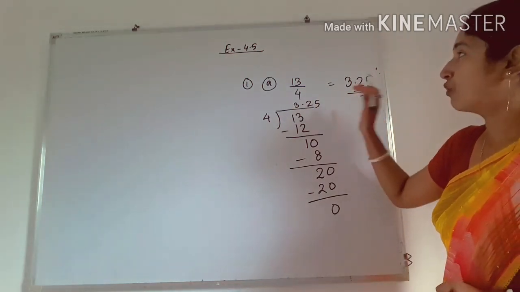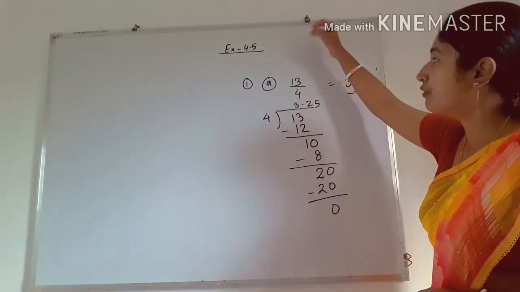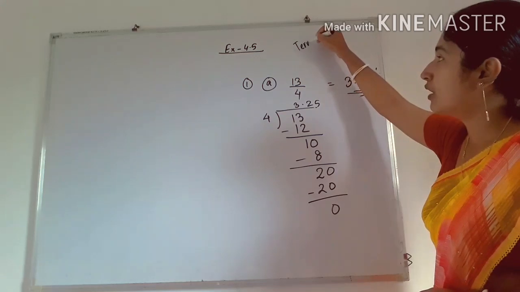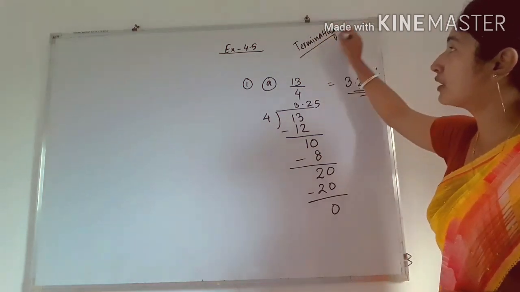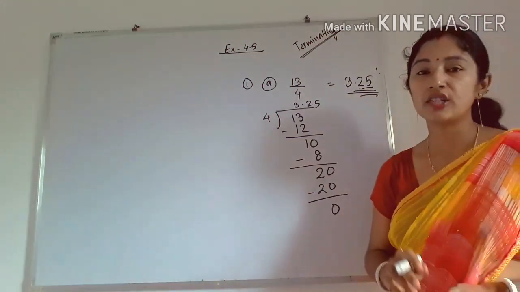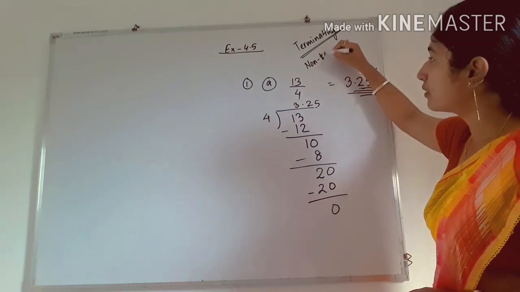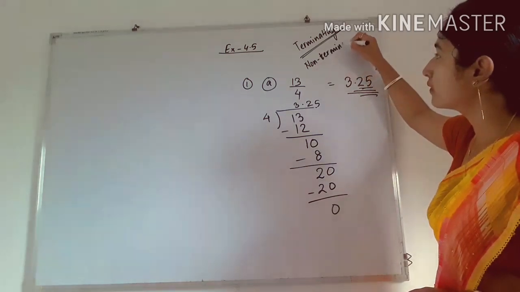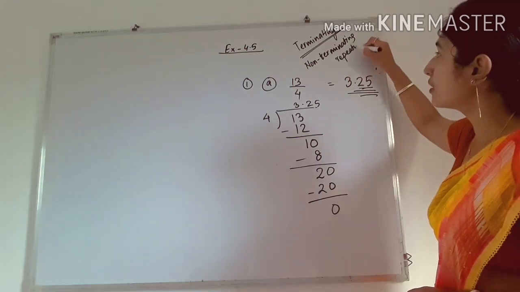What we have learnt in the previous topic: the first was the terminating decimal number. Remember one thing, terminating decimal numbers are rational numbers. Non-terminating repeating numbers are also decimal numbers.